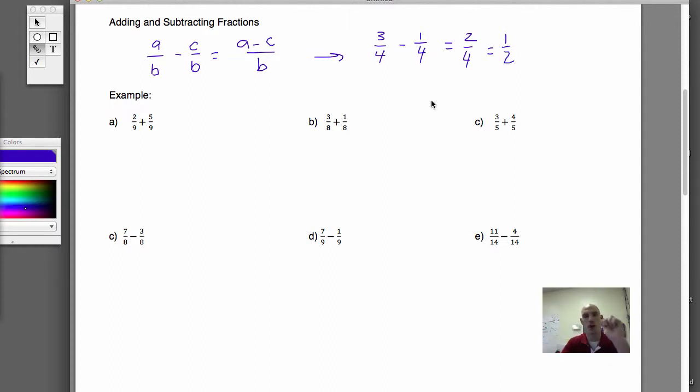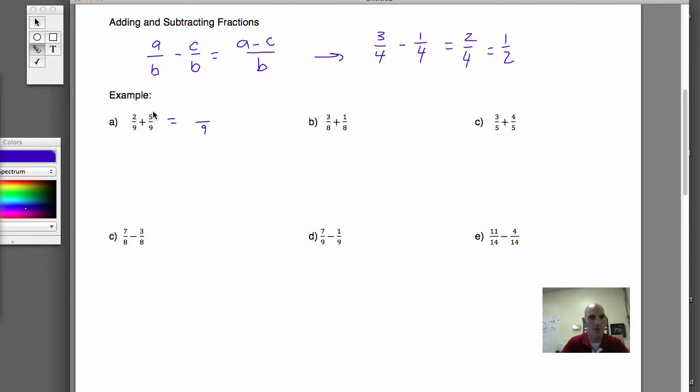So when we look at these problems here, I'm going to do a couple of them and let you fill in the rest. Okay? So notice here, without using models, what I'm looking at is ninths. If I have 2/9 plus 5/9, I know that my answer is going to have ninths on the bottom because I'm still talking about those rectangles divided into 9 pieces.